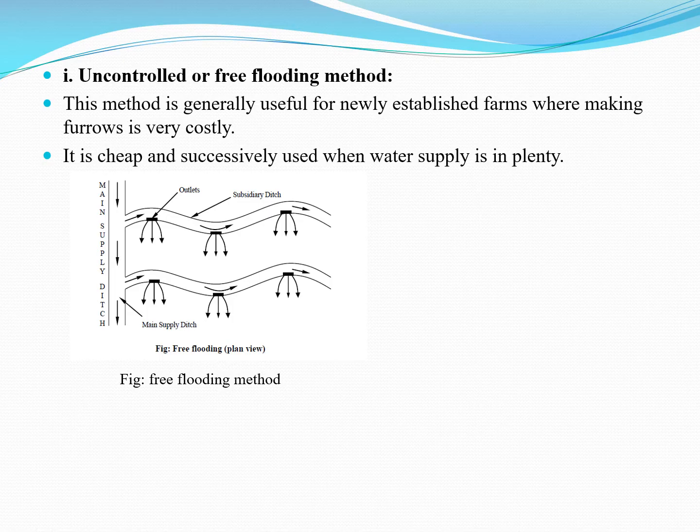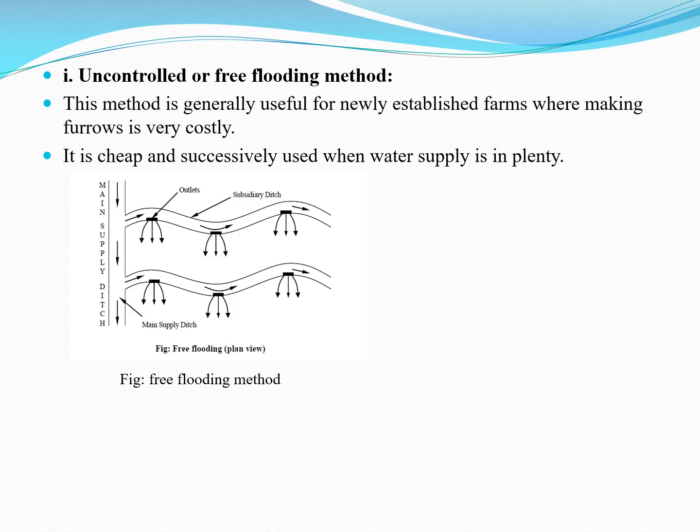That is the free flooding method, and it is cheap and successfully used when the water supply is in plenty. This method consists of applying the water by flooding the land of rather smooth and flat topography.